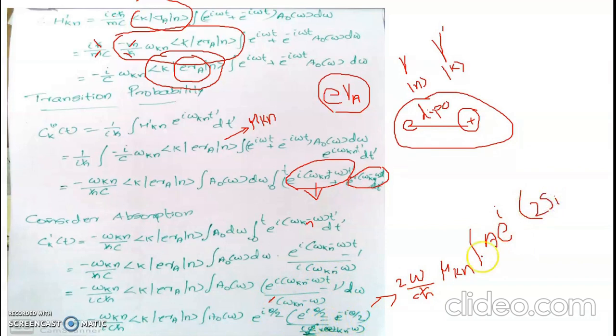The 2i sin theta is actually there, and i will vanish with this i. So this becomes 2 sin theta by 2, where instead of theta we have omega kn minus omega into t.